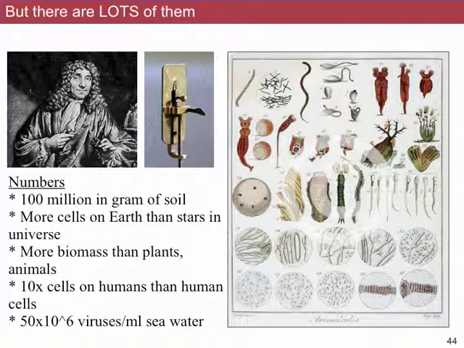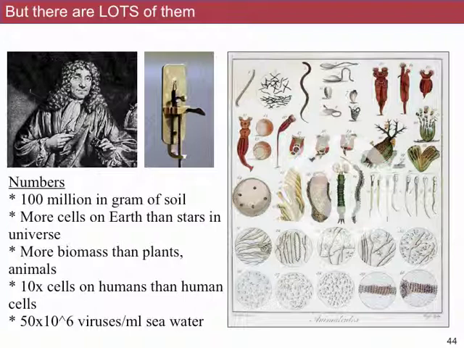If you take a single gram of soil, basically a little pinch this big, 1 centimeter by 1 centimeter, there are upwards of 100 million microbial cells in that gram, of all sorts of different types. In many soil types, you would find 50,000 different species. That's an incredible level of diversity within a single gram of soil. There are more microbial cells on Earth than there are stars in the universe.